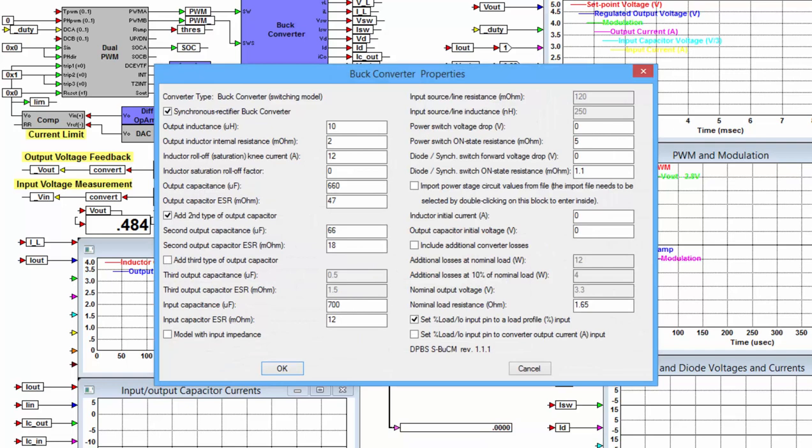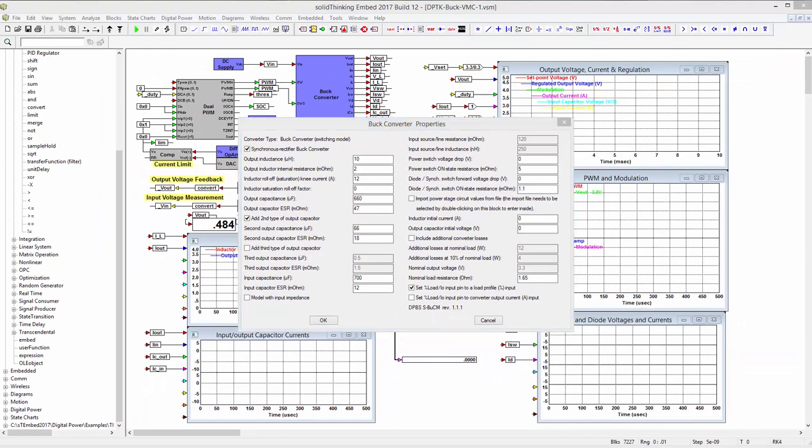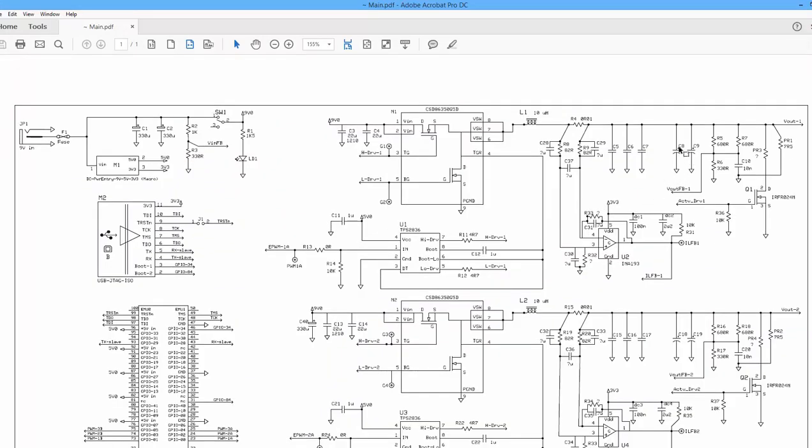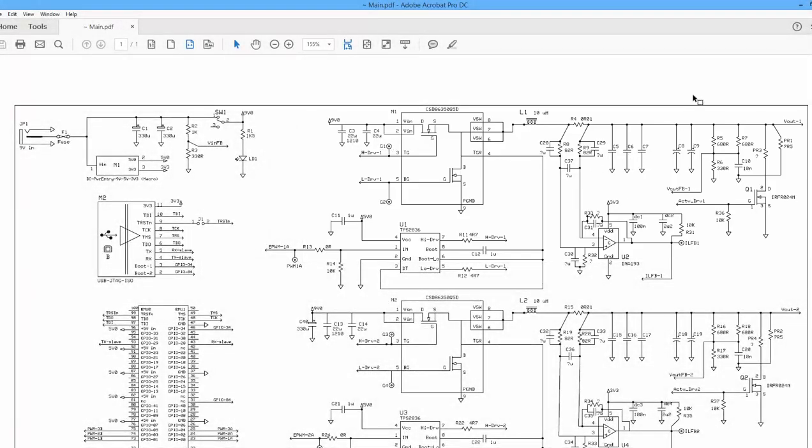We could see from the schematic we had a 10 microhenry inductance here. There were two 330 microfarad capacitors, which we can pull out again. We can see that here we've got two capacitors which are 330 microfarads each, electrolytics, and we've got three tantalum capacitors here which are the same as the input capacitors, which are 22 microfarads each.